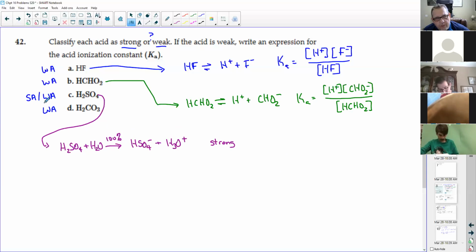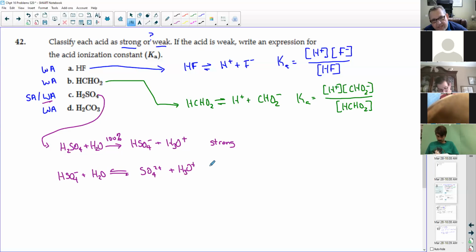But on the weak acid component of it, the loss of the second proton, if the bisulfate in an aqueous solution reacts with water, so this one is a weak acid, it would form the sulfate ion, SO4 2 minus, plus the hydronium ion.